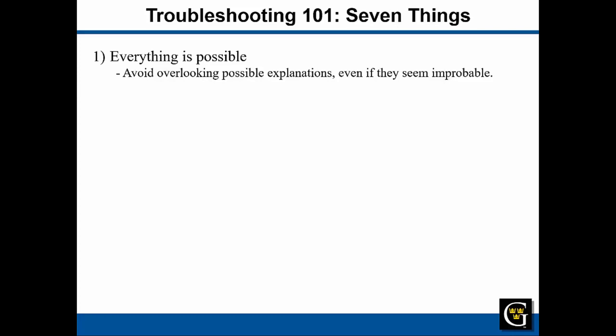I think we really have to have an open mind and try to avoid overlooking possible explanations, even if they seem improbable. Certainly, some causes are more likely than others, but we have to have an open mind so that we don't overlook something that we could come to regret later.